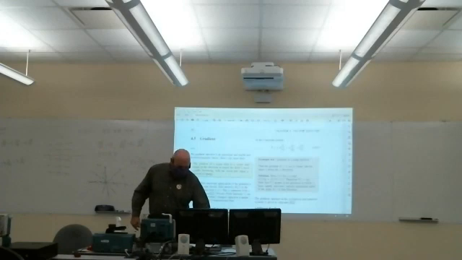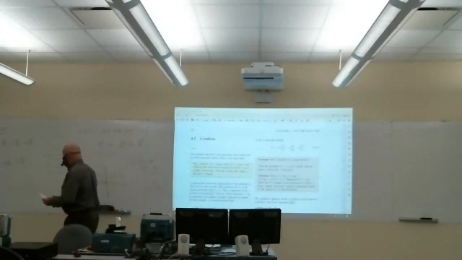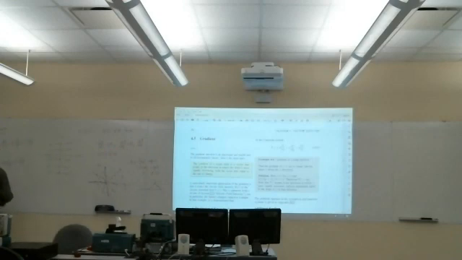So what's the corresponding gradient in cylindrical coordinates? Well, if you look on the back of this, the gradient in cylindrical coordinates, del F, the rho component is the partial of F with respect to rho. That looks familiar.